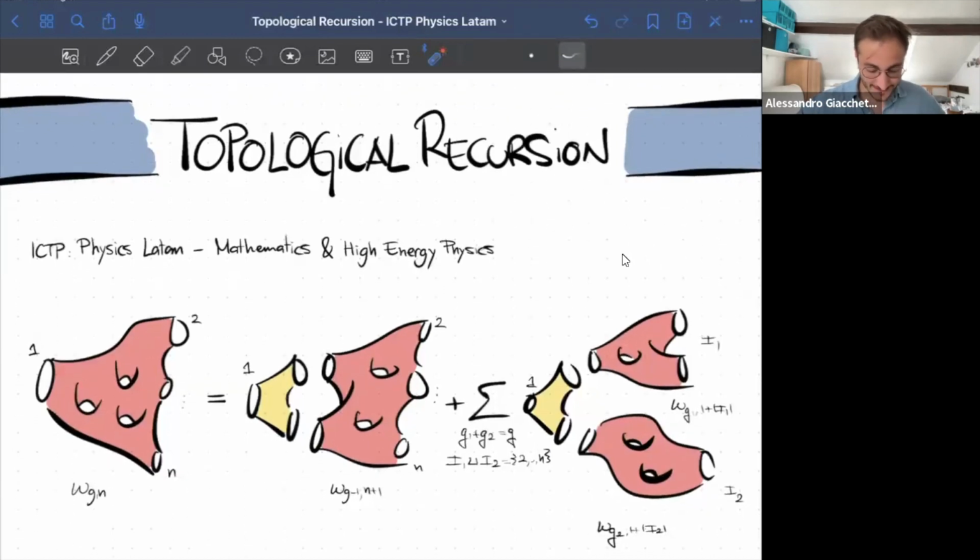All right, so the goal of today's talk is essentially to explain this picture, which is a pictorial way of representing topological recursion.